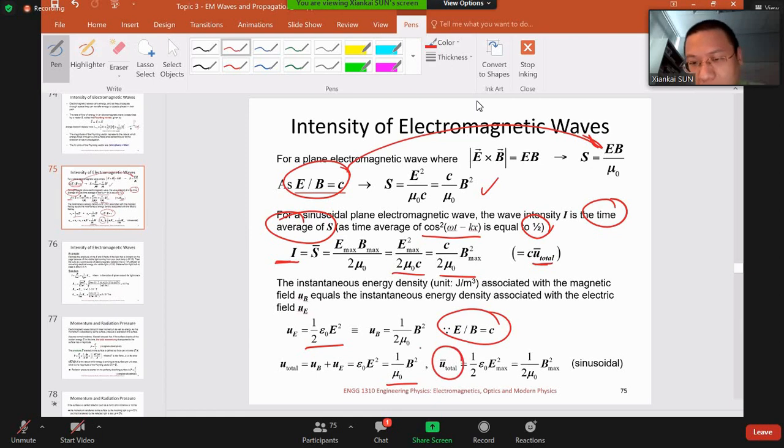And for the average energy density, it will be half of epsilon naught E max square, or B max square over 2 mu naught. Okay?